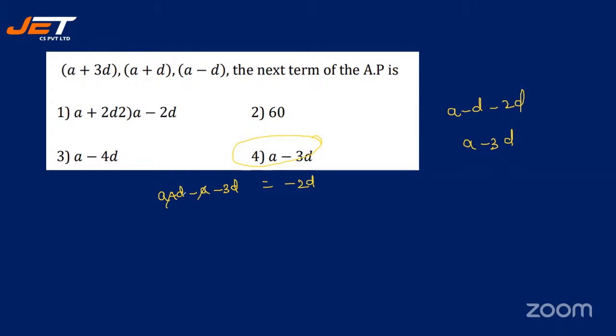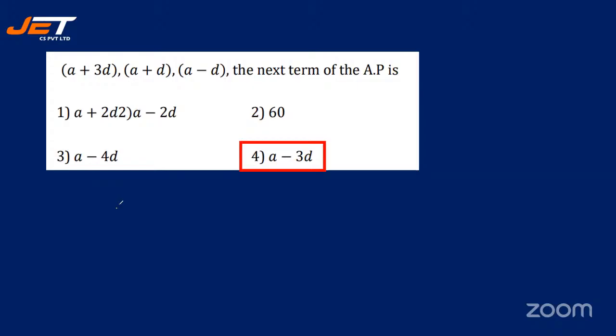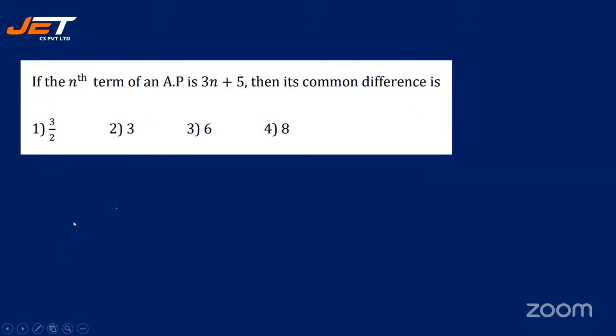Okay, let's see the answer. Yes, it is correct. Okay. Right. Now see the next question. If the nth term of an AP is 3n plus 5, then its common difference is dash.